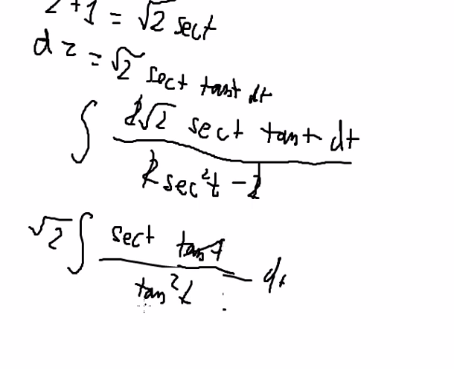So we have tan t. So you got tan t in here. This one you got secant of t.